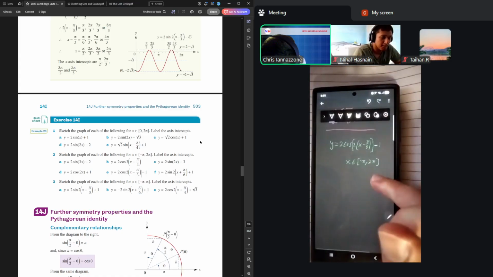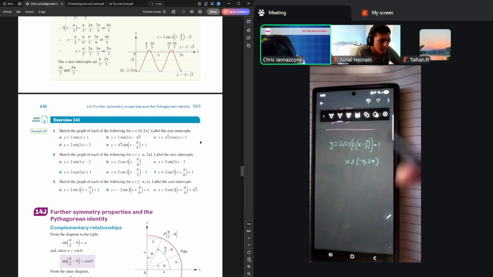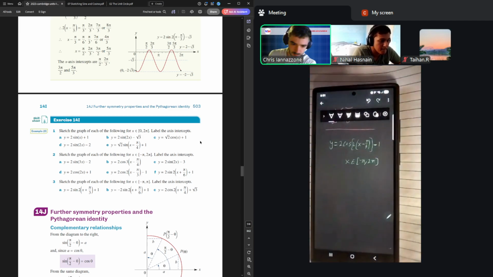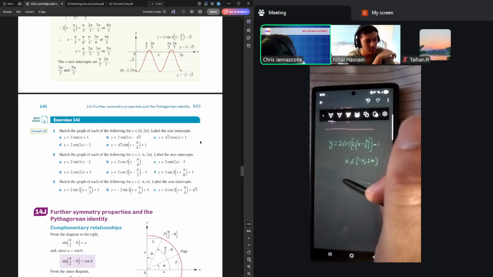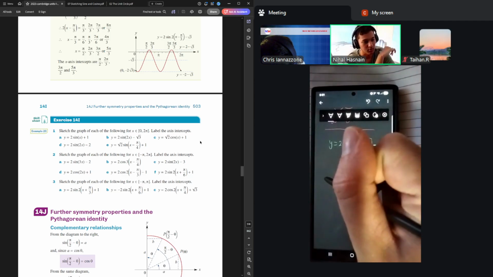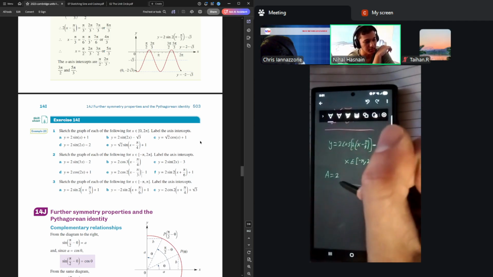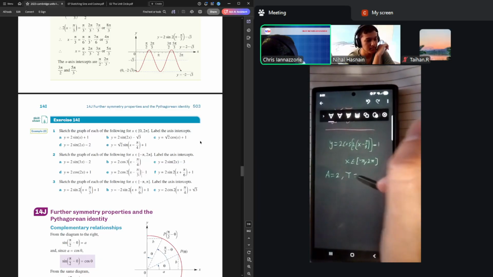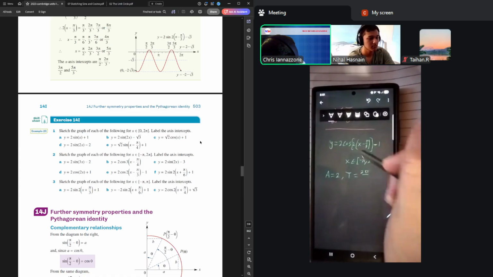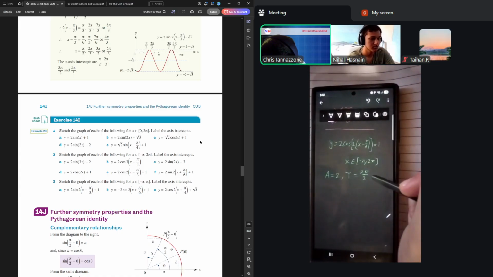So, how can we start? We need to get some key features. What can we determine? We can determine the amplitude and the period. What's that going to end up being? The amplitude is 2 and the period is pi. And yeah, the period is pi because period is always calculated by 2 pi divided by n, where n is 2 in this case.